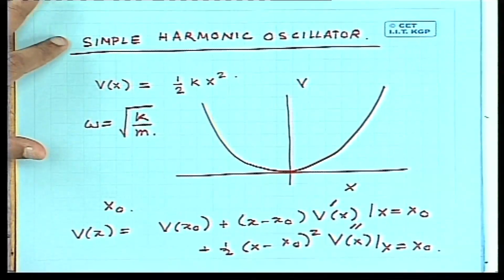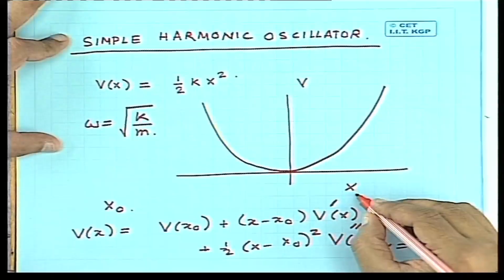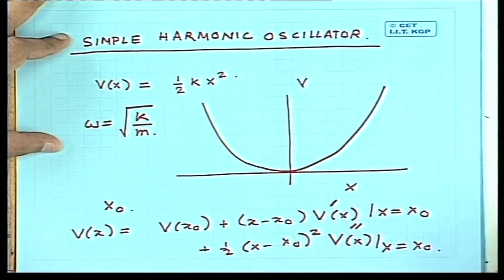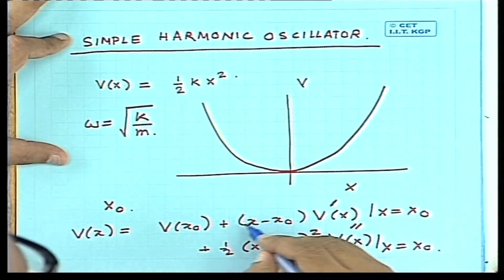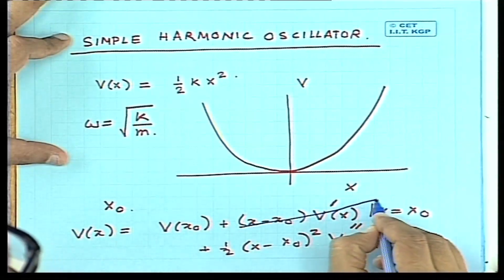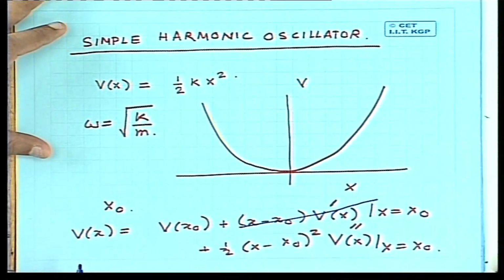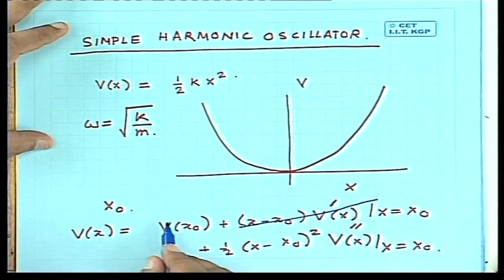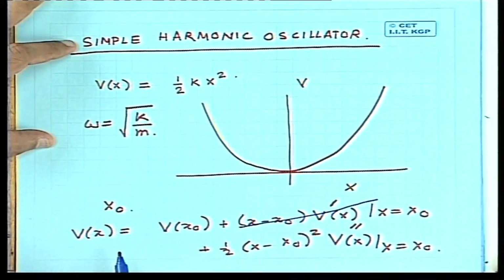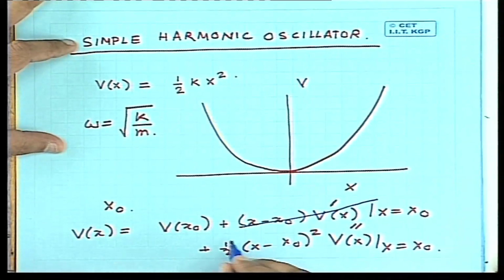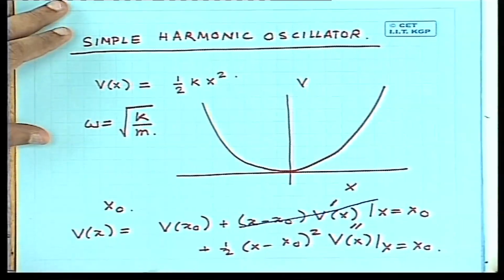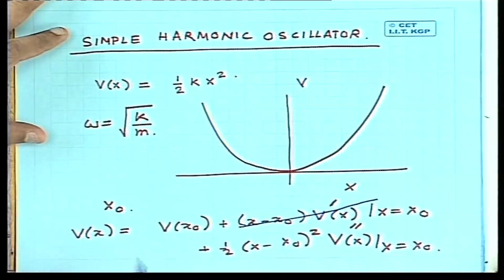The fact that the particle is at equilibrium at x naught tells us that the first derivative of V, which is the force, should be 0. So for equilibrium, this term will vanish. And the lowest correction which we have is just something which is quadratic in the displacement, which is the simple harmonic oscillator potential.